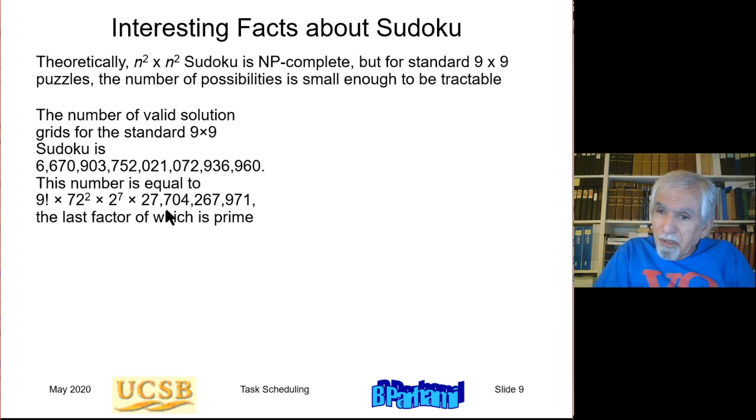So it's mind-boggling that the number of possible 9 by 9 grids for Sudoku is somehow related to this large prime number. It's no less interesting and amazing that 72 squared, 9 factorial, and 2 to the 7 occur here.